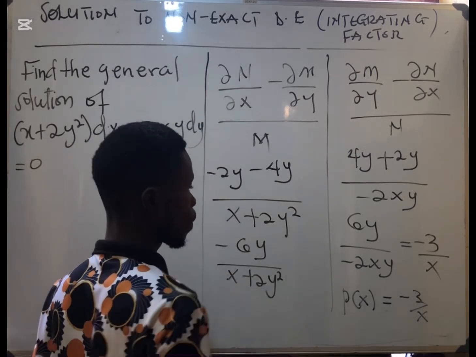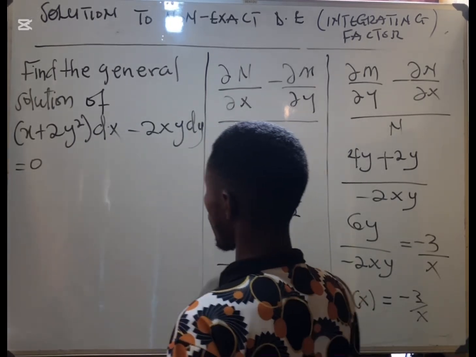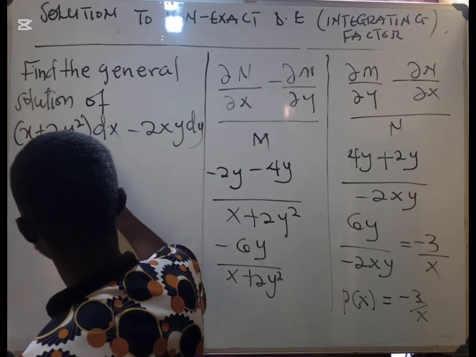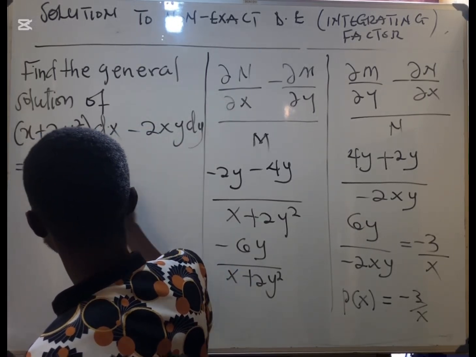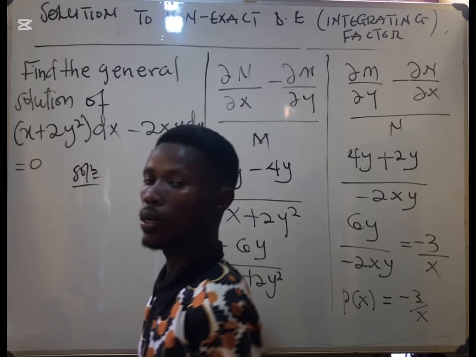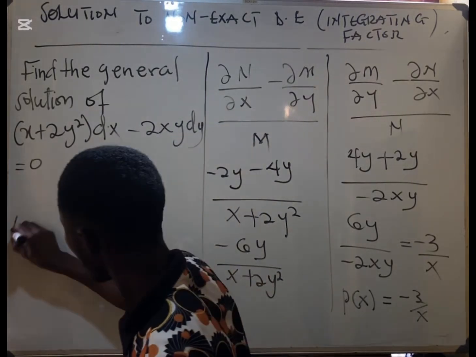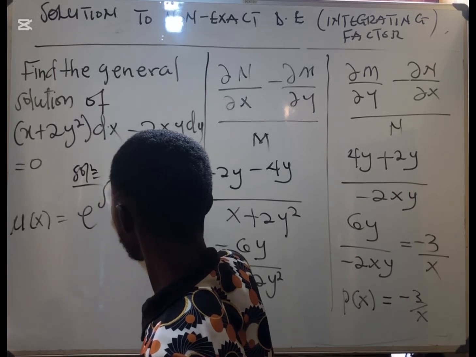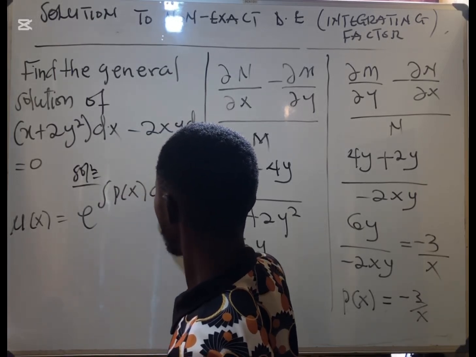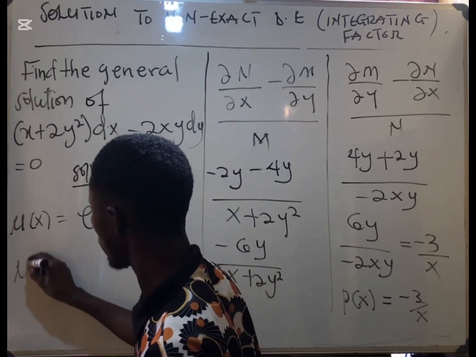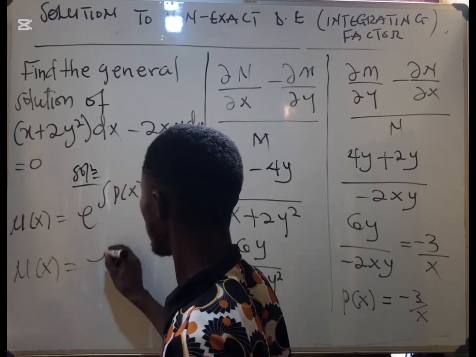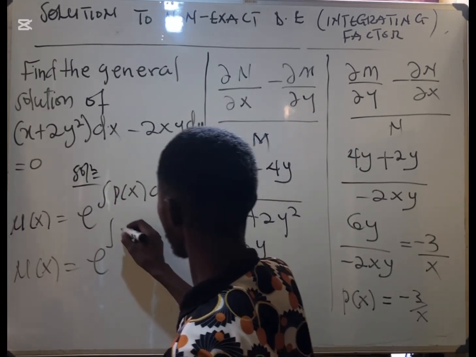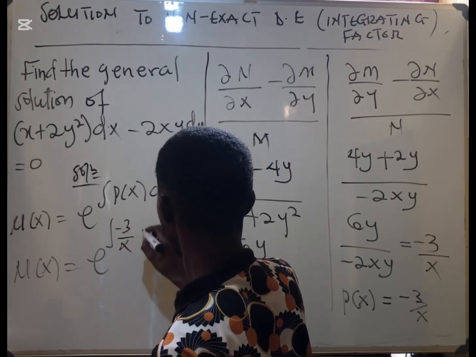So mu in terms of x is equal to e to the integral of p of x. Means that mu equals e to the integral of negative 3 over x.